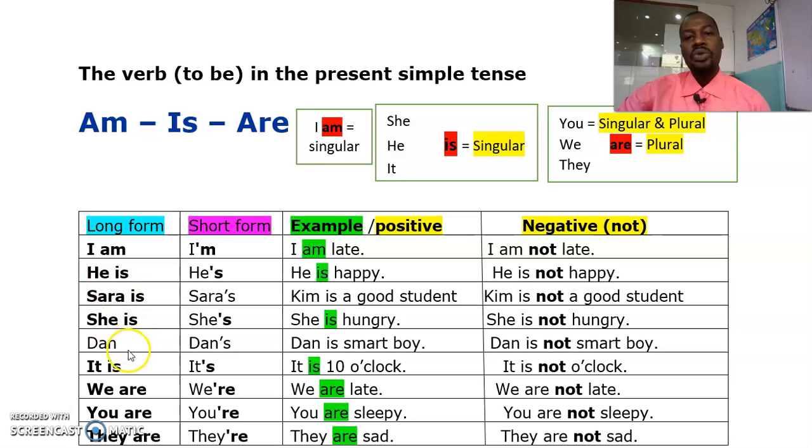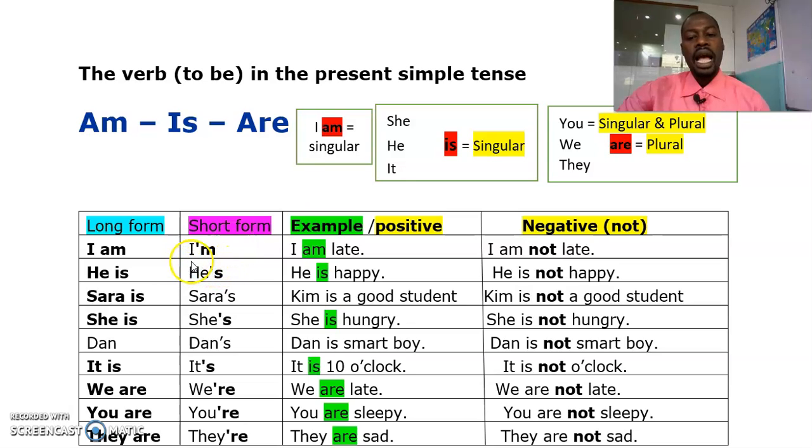Okay, and these long forms are most probably used in written language, when we write paragraphs or sentences. So it is good to use the long form rather than the short form. The short forms are good to use when you're speaking or having conversations with someone or with your friends. And it's easy to stress the words when using the short form.